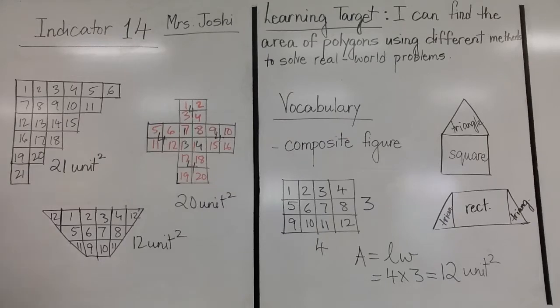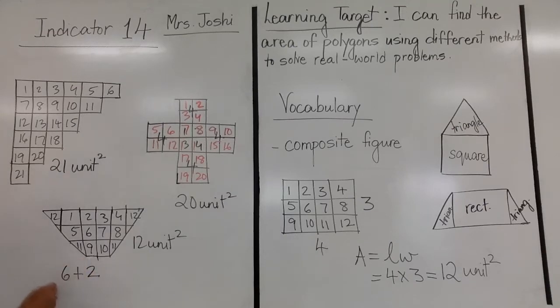But again, if I had done the big base plus little base, divided by 2 times height, I will still end up with the same answer, which is 12 over here. Because we have 1, 2, 3, 4, 5, 6. That's my big base. My little base is 1, 2.